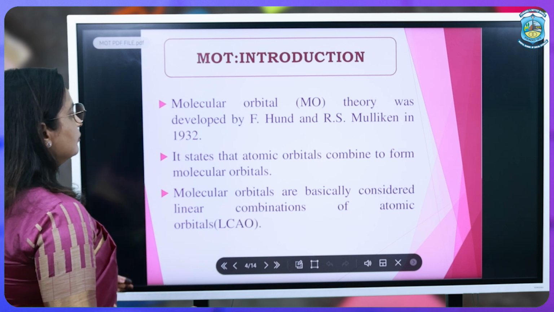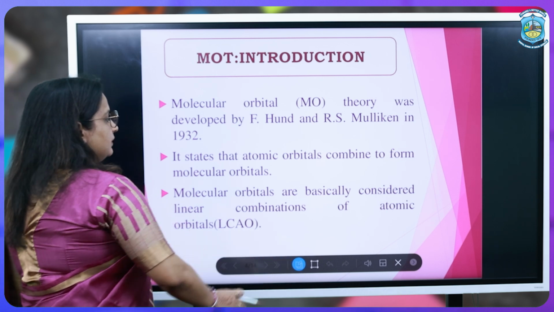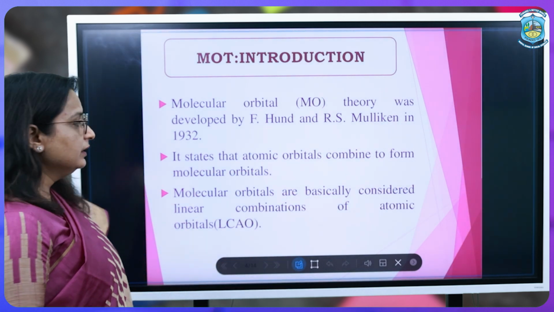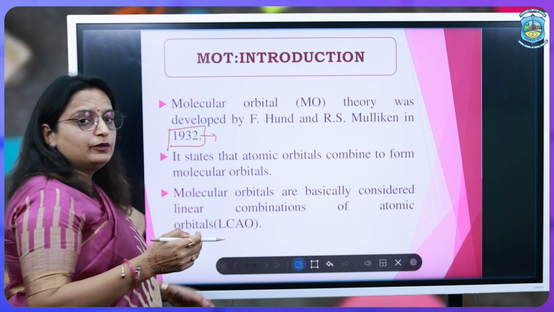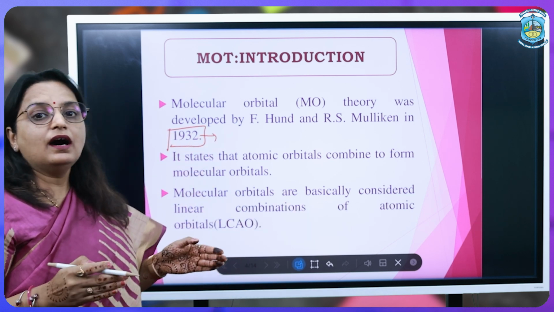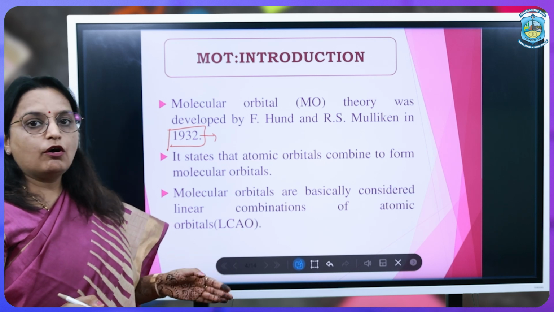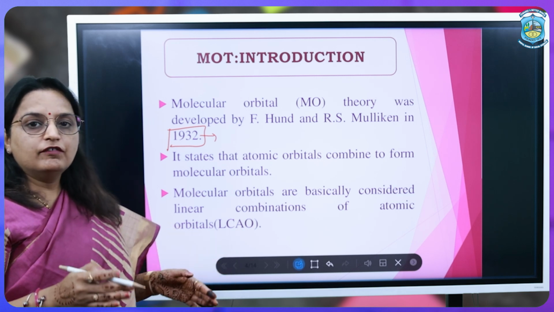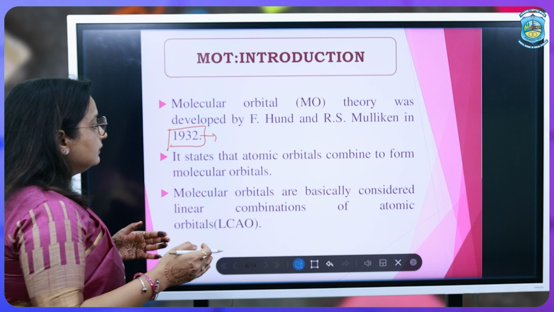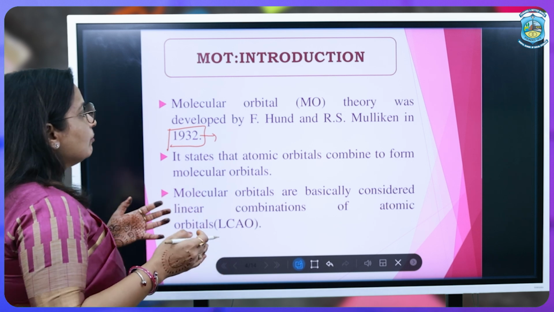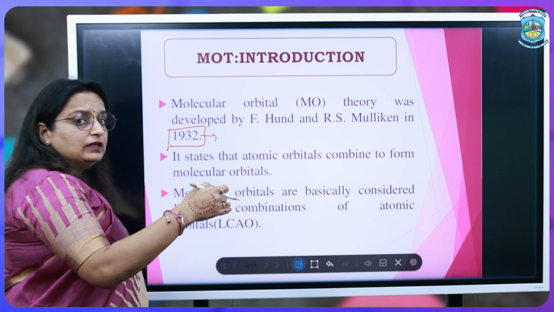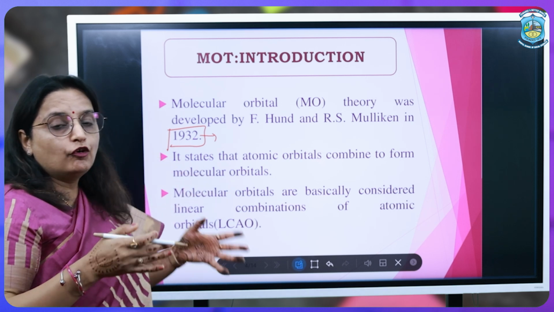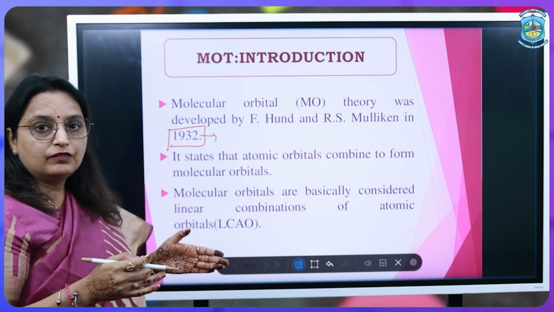So Hund and Mulliken developed this molecular orbital theory in 1932, which was able to answer all the unanswered questions of Lewis structures, valence bond theory, and other theories. Now, what is molecular orbital theory? Basically, a molecule is the compound formed by combination of atoms.